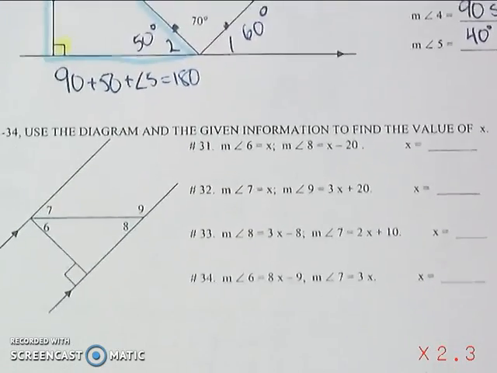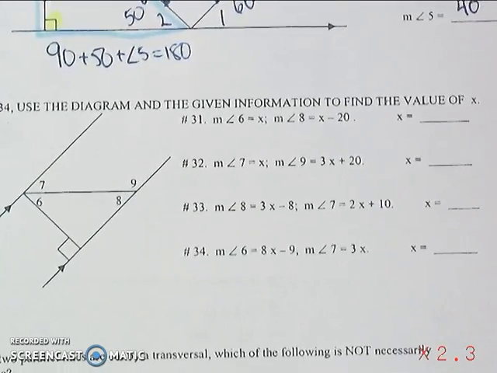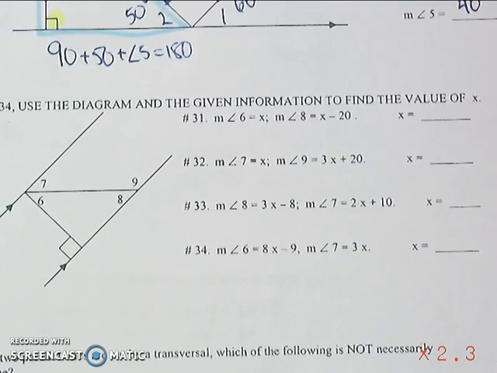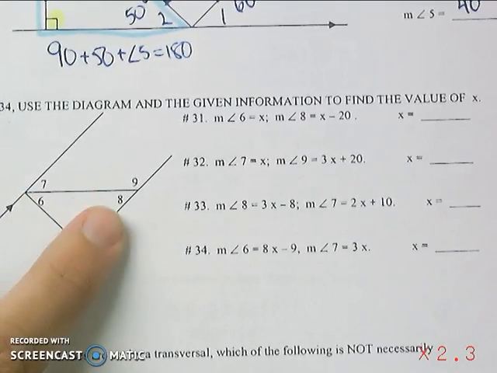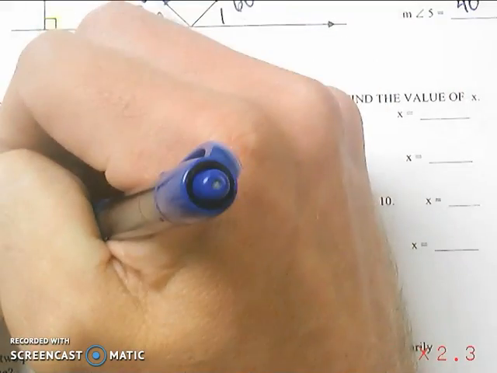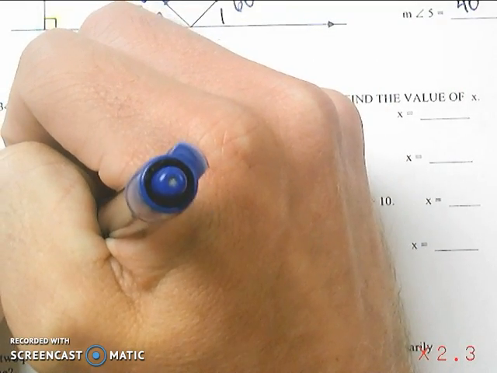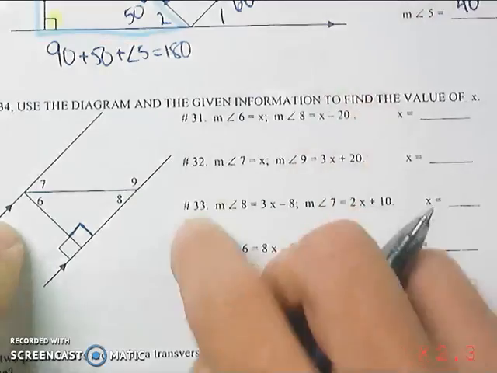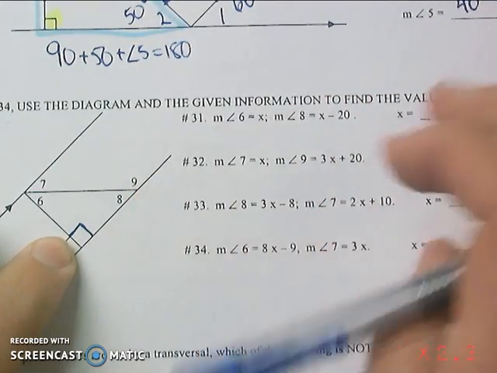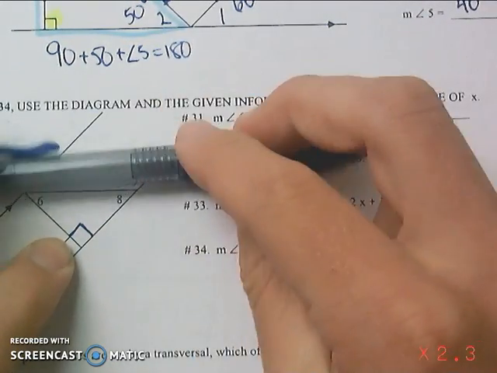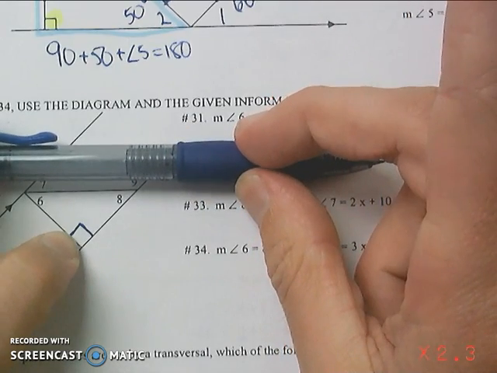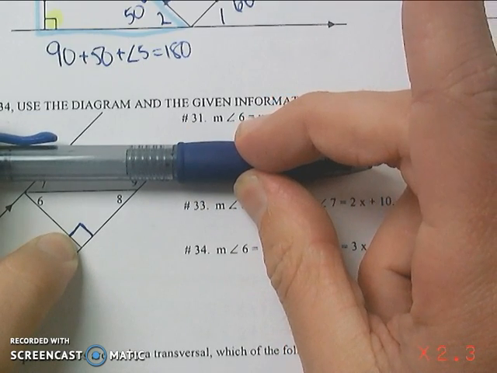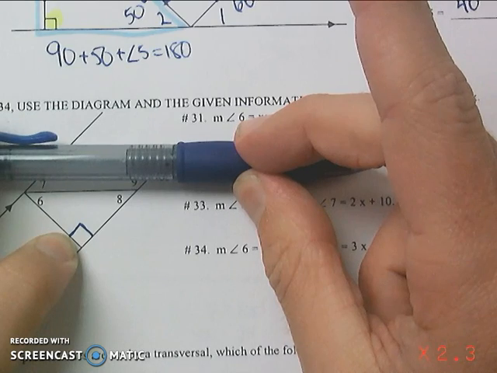Number 31 through 34, we have to set up quite a few little problems here. First, we get 6 and 8. Kind of a tricky problem here, but you notice there is a triangle, and there's a 90 here. If we isolate this triangle as best as we can, 6 and 8 and 90 all have to add up to 180.